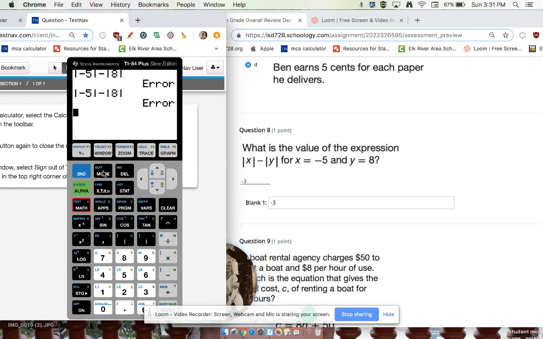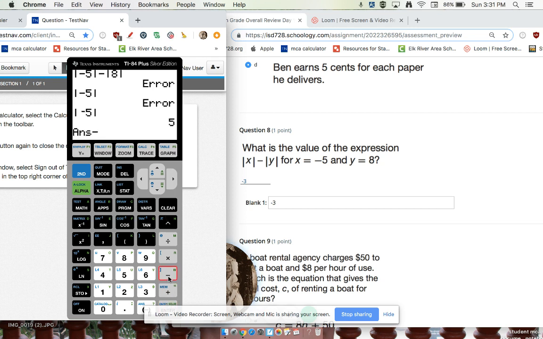So what you could do is go to math, number, do your absolute value of -5, hit enter. Oh, it's because I was in it. Absolute value of -5, get out of there, enter, is 5.